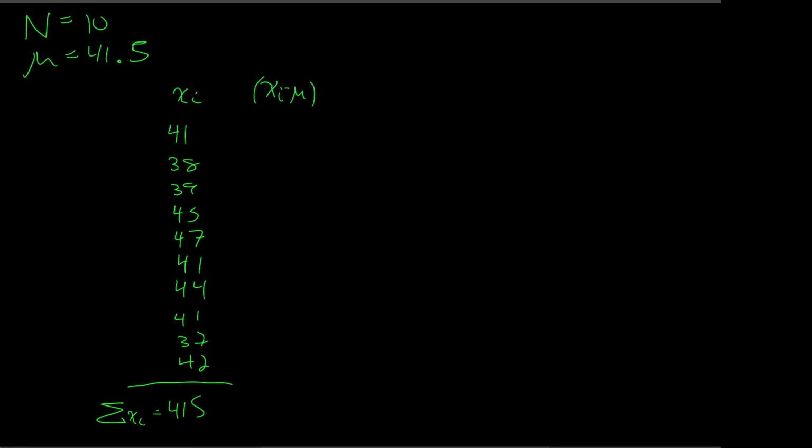So 41 minus 41.5 is negative 0.5. 38 minus 41.5 is negative 3.5. Then 45 is positive 3.5. So I'm taking this number and I'm subtracting from it 41.5. So I get negative numbers when it's less than 41.5, and I get positive numbers when it's greater than 41.5.